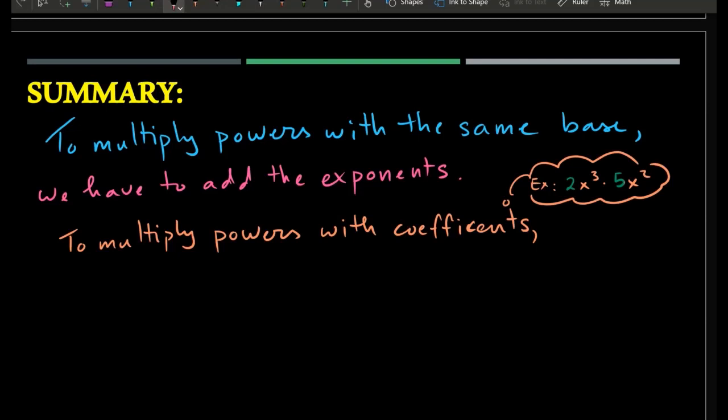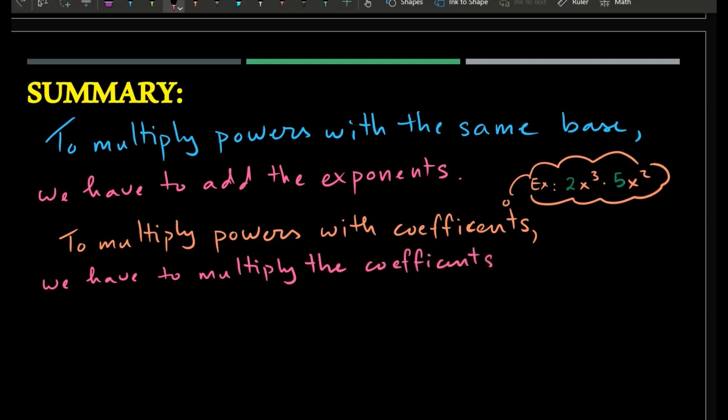Alright, I hope that you answered. We have to multiply the coefficient, which means the big number, the whole number, to help you understand it.